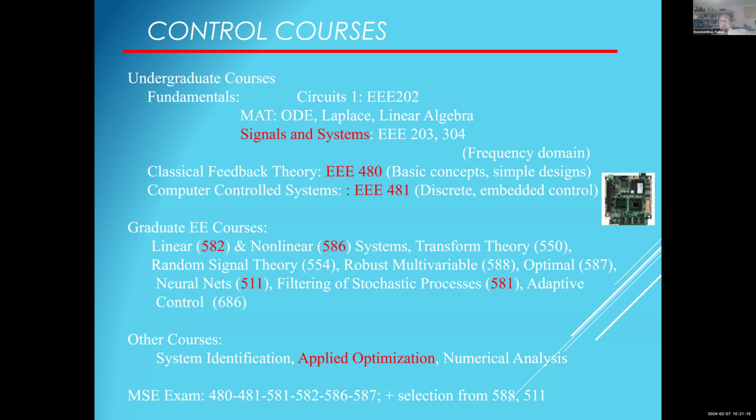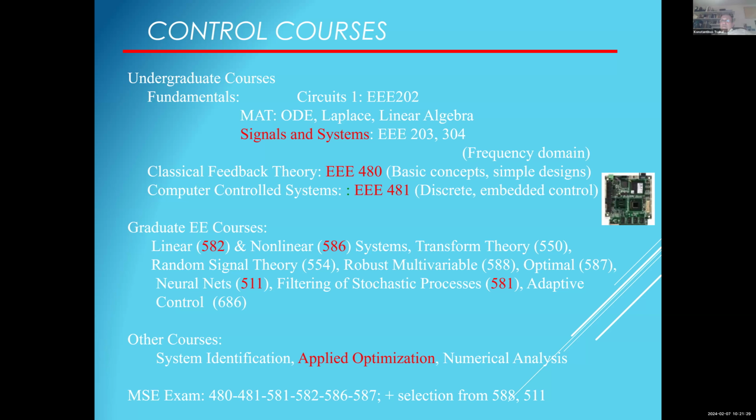And then optimal control and neural nets are the other two that keep running most of the time. Nonlinear system transforms, random signal theory, filtering, those are also courses which are in the graduate program.